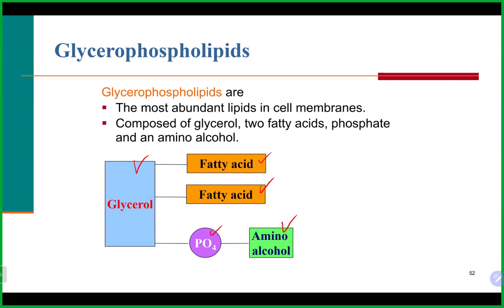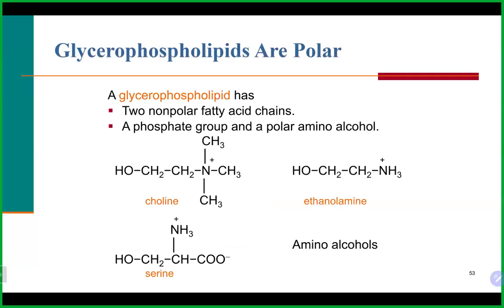This also means that it has a couple of different properties based on what it is. These are some of the amino alcohols, like choline, and it will have some polar amino groups. Because it has this amino alcohol on it, this type of phospholipid has a non-polar part and also a polar part as well.